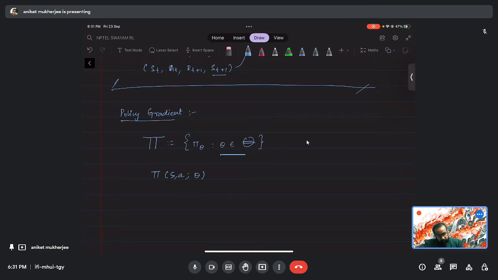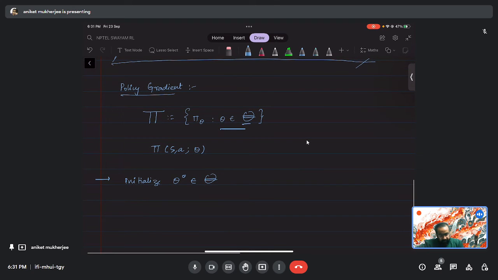So first in the algorithm, you initialize theta 0, something which belongs to this Theta, so that you can parameterize. Next, at each iteration, theta k plus 1 is equal to theta k plus alpha k times the gradient of some performance measure of this.